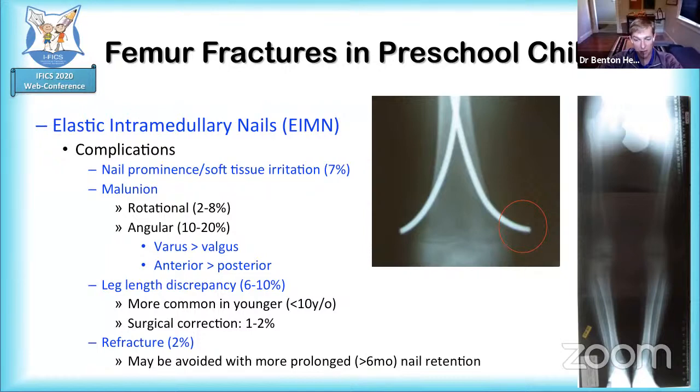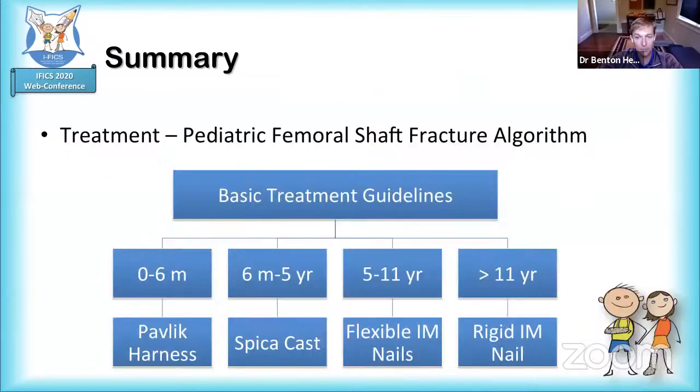And then refracture can happen after nail removal. So again, this covers the 0 to 6 month age group, and then the 6 month to 5 year age group with kind of our two standards of Pavlik harness, though splinting is acceptable for the very young child, and then spica casting, though elastic nails may be acceptable for the older child within this group.